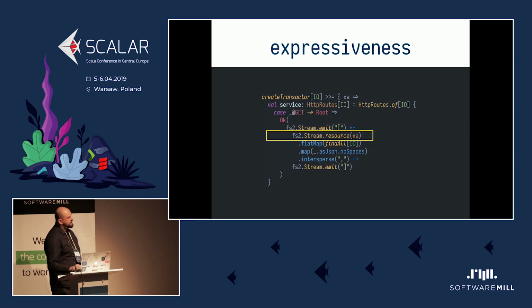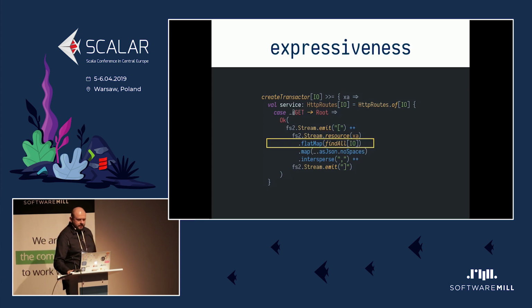Then I compose the next stream by creating connection to the database, acquiring this resource from the transaction pool. Then I flatMap with this connection to the database and fetch all these results as the stream.